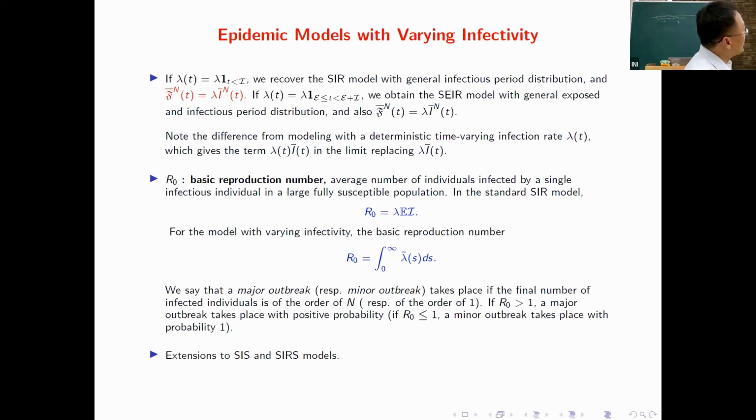In the standard SIR model, this is lambda times the mean infection duration. For this general model, it becomes the integral of the mean infectivity level over time. So that's the area under the curve. And this also extends to SIS, SIRS models.